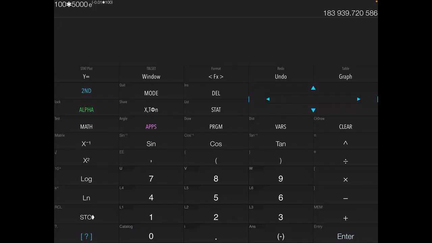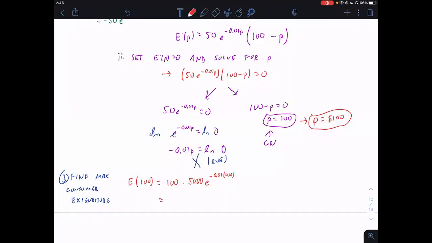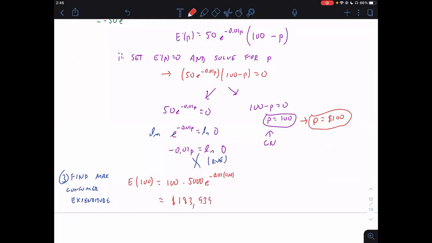So we're talking about money here. Our consumer expenditure is going to maximize at this price point of $100. If we set the price to $100, then our maximum consumer expenditure is going to equal $183,939.72.